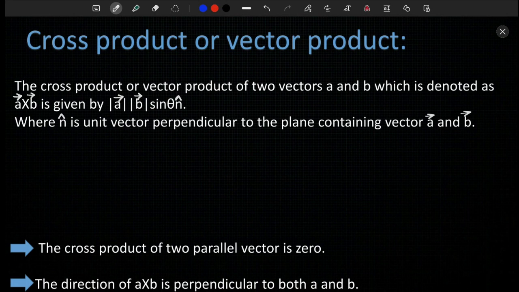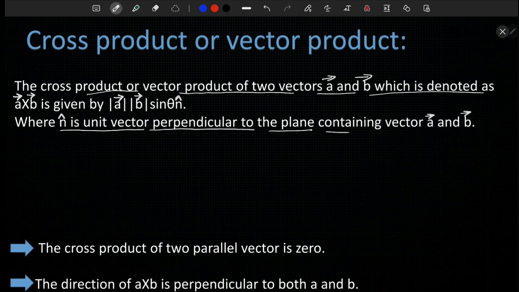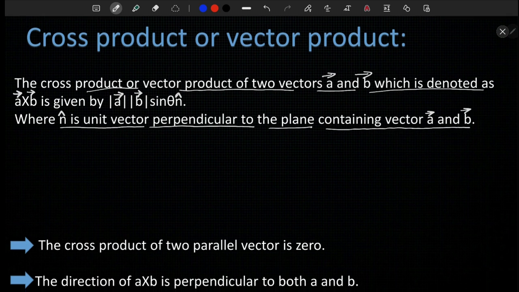Now we will see cross product or vector product. The cross product or vector product of two vectors a and b, which is denoted as a cross b, is given by magnitude of a, magnitude of b, sin theta into n, where n is a unit vector perpendicular to the plane containing vectors a and b.